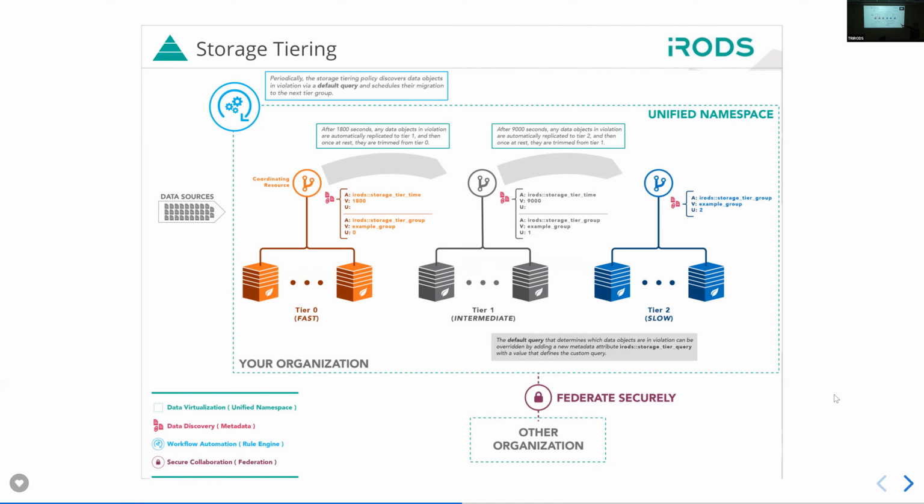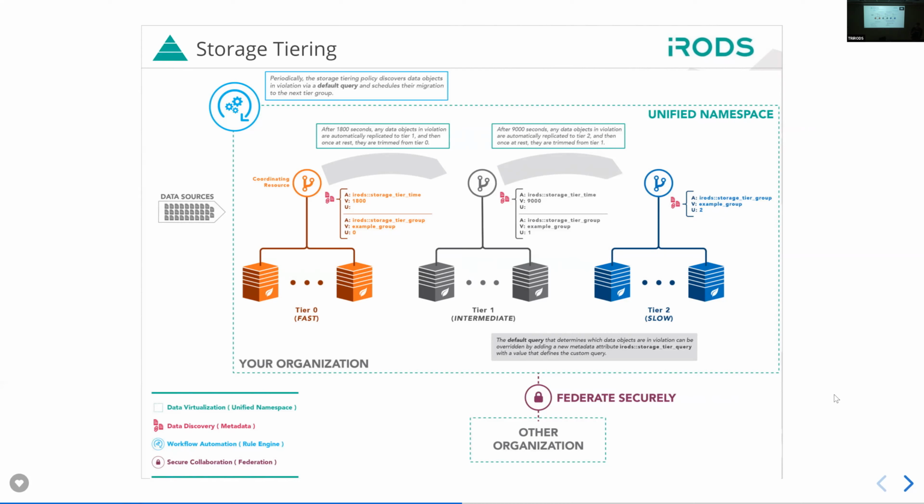In this case, it's configured in the same tier group as the others, and it has a storage tier time annotated as metadata on the resource. And what that means is after the data has been at rest on that resource for that amount of time, it will then be moved to tier 1, which has its own tier time value and is part of the same group. And then once that time violation has occurred, it will move to tier 2.